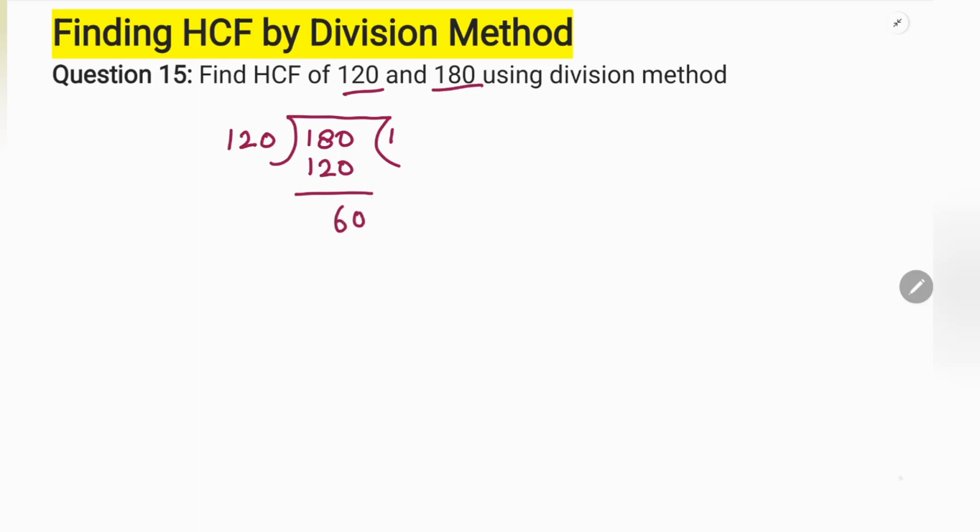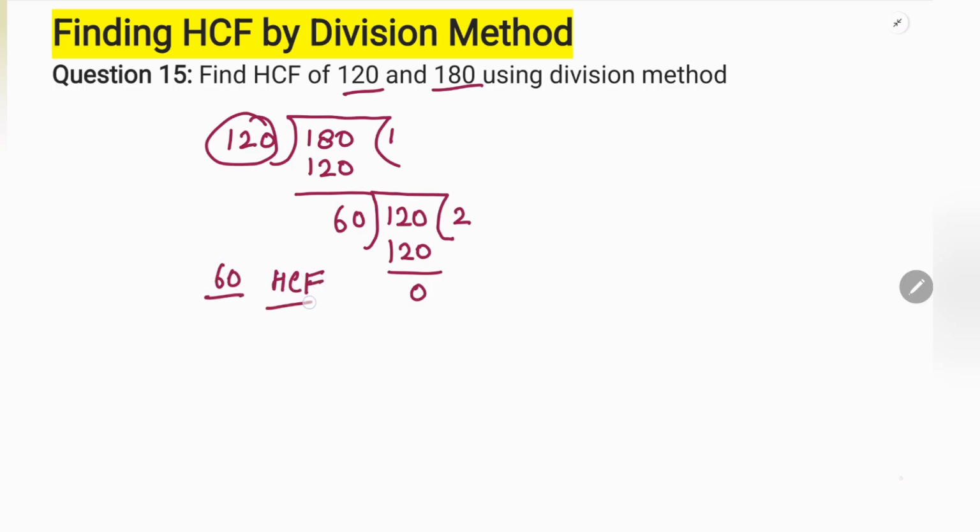We will keep dividing: here 60, and this 120 will come here. Then 2 times 60 is 120. If we didn't get 0, we would keep dividing. But now we got 0, so we will stop here. So 60 is our HCF, highest common factor.